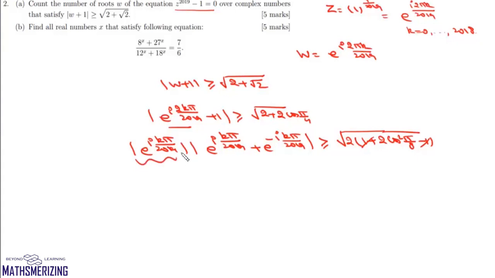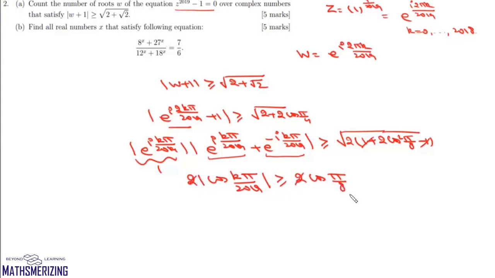Now the modulus of e to the power iota theta is simply 1, and this is e to the power iota theta plus e to the power minus iota theta. So it is cos theta plus iota sin theta plus cos theta minus iota sin theta, so its imaginary part will cancel. Then we can write this as 2 mod cos k pi upon 2019, and it should be greater than or equal to 2 cos pi by 8. So we'll cancel this 2 with 2.